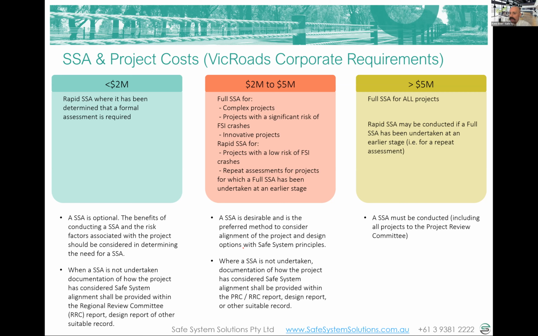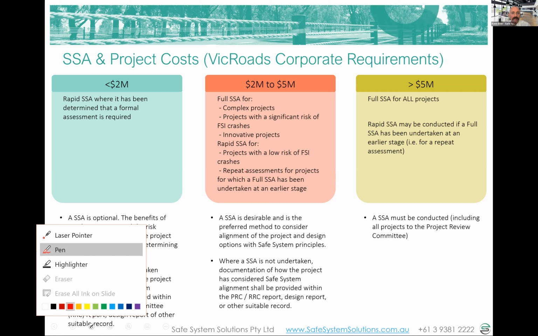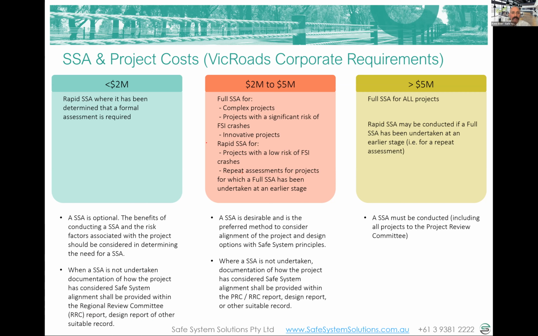So, anything in high speed environments is probably a pretty good way to think of that. And a rapid safe system assessment for any of the lower risk projects or any repeat assessments. And above $5 million in total estimated cost of project, a full safe system assessment for all projects, and only a rapid if it's a repeat assessment of one that's already happened.